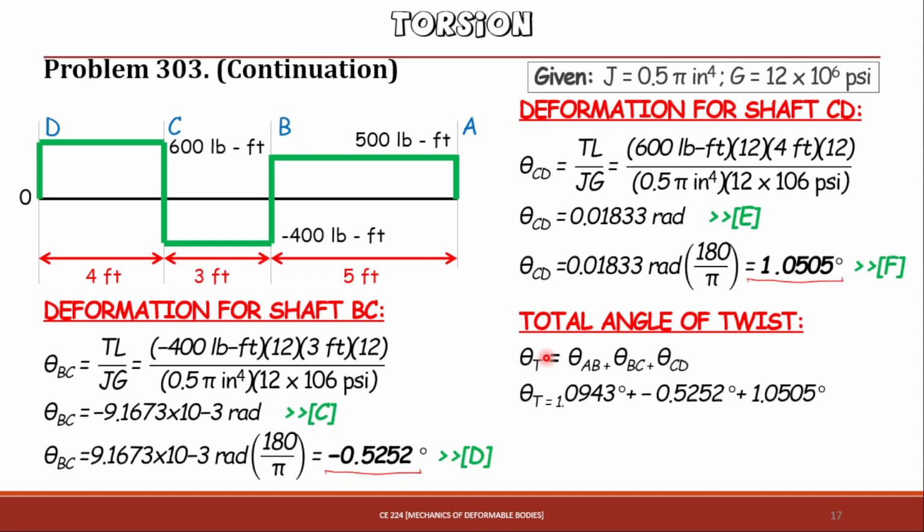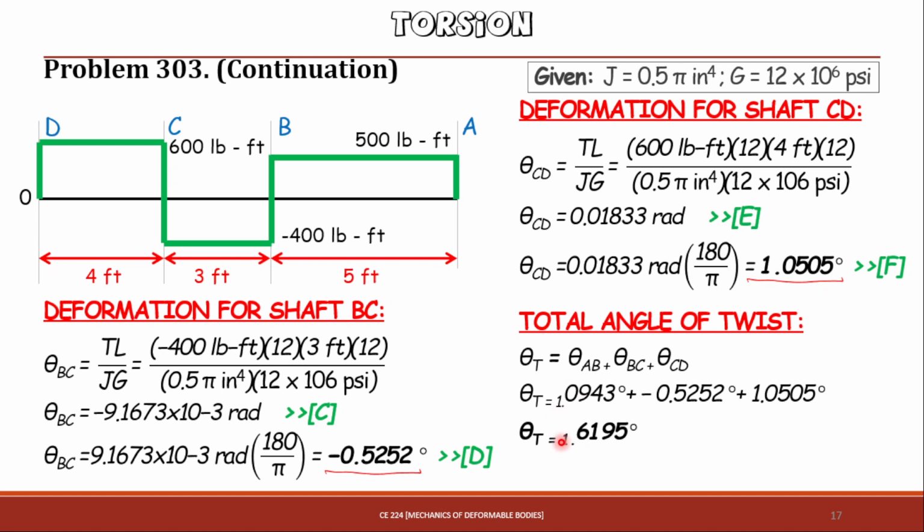So, solving for the total angle of twist: 1.0943 degrees plus negative 0.5252 degrees plus 1.0505 degrees. We get the answer, and PowerPoint again rearranged the scripts.